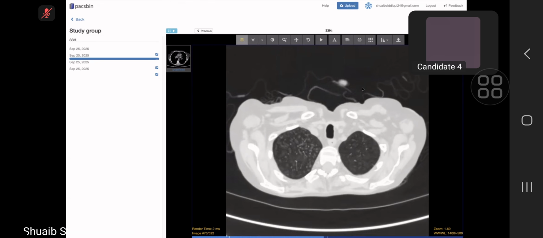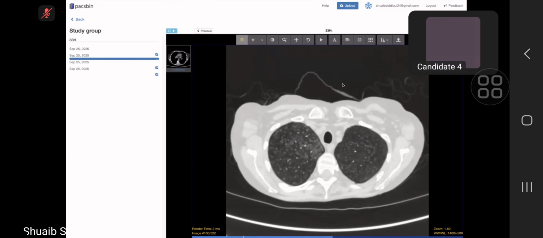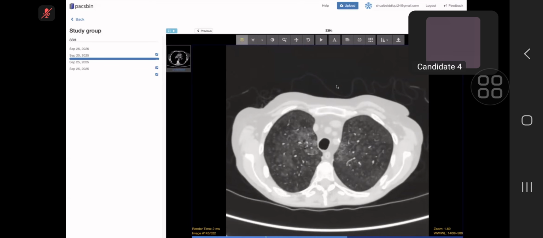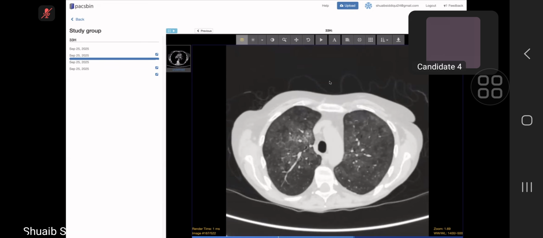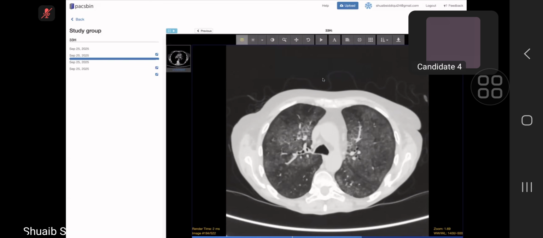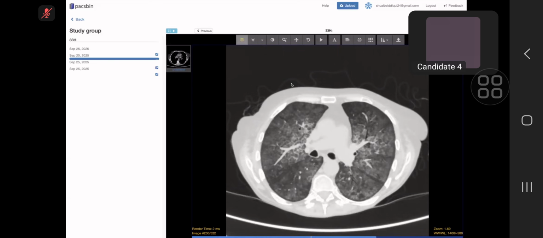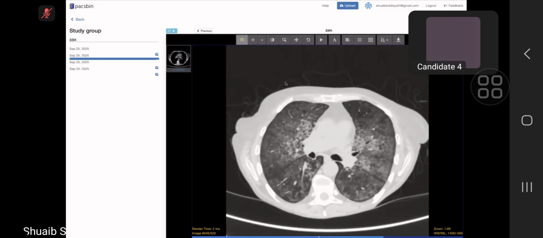So I've been presented with a CT scan chest, axial sections in the lung window. I can appreciate multiple bilateral widespread areas of ground glass opacification in the lung parenchyma bilaterally.